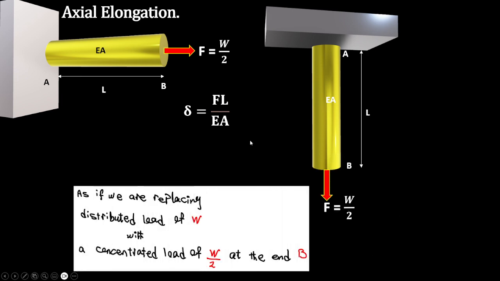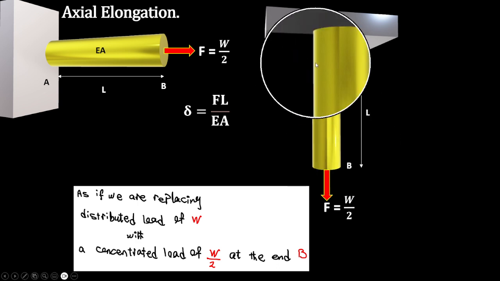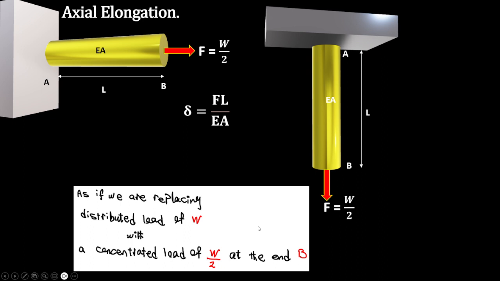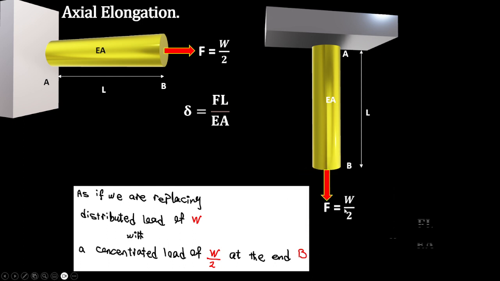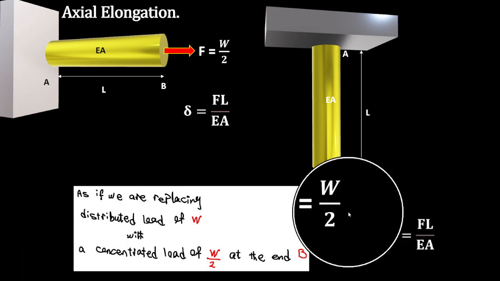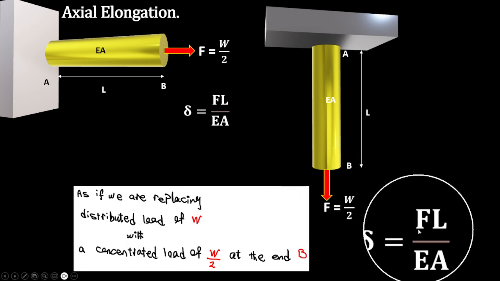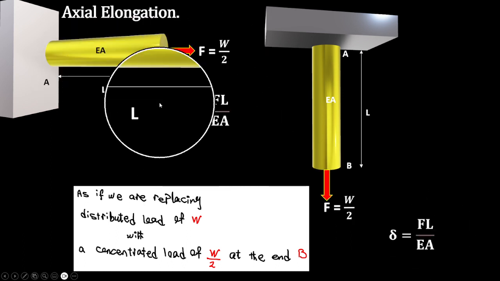For an overhanging shaft under its own weight, it is as if we are replacing the distributed load W with a concentrated load at the free end. So delta is FL over EA, and replacing F by W over 2, that's WL over 2EA, exactly like the axial deformation.